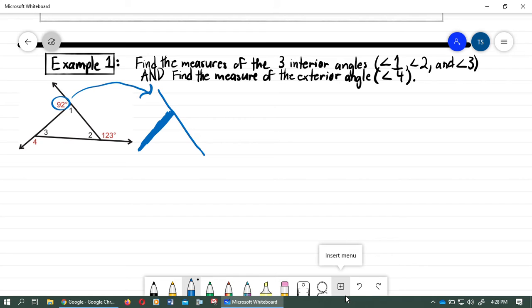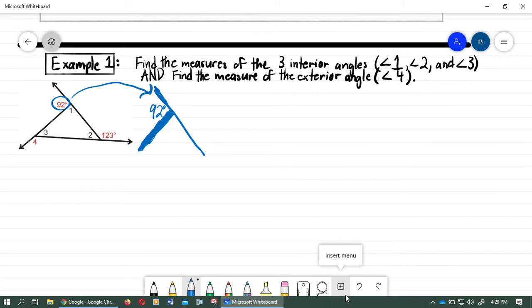So we see this exterior angle here of 92 degrees, and we see how that exterior angle is formed by this side of the triangle and then this other side being extended out here.